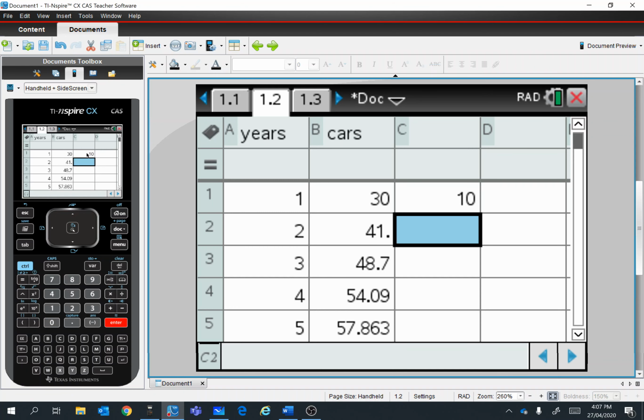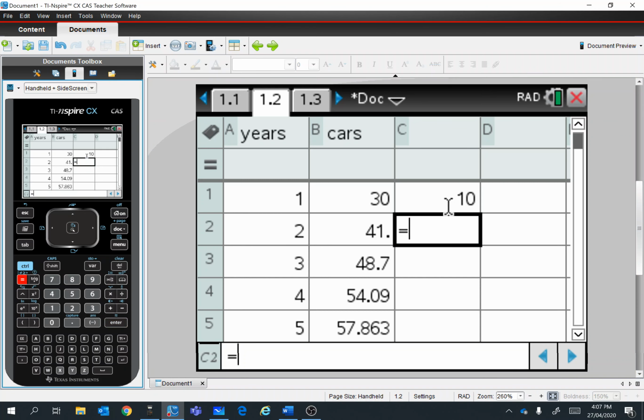Now I'm going to put a formula in for this one. So this equals, pretty similar to before, 0.7 times, now rather than B1, we want to follow down from C1. So I'll click C1 plus 20. So push enter there.